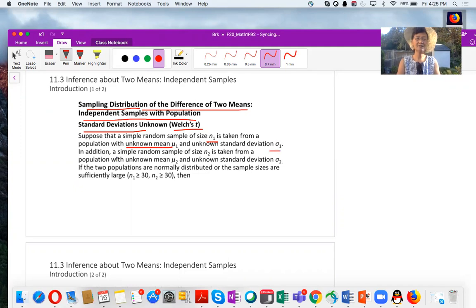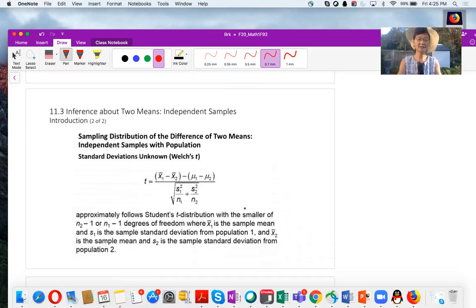In addition, a simple random sample of size N2 is taken from a population with unknown mean mu2 and unknown standard deviation sigma 2. If the two populations are normally distributed, or if the sample sizes are large, meaning greater than 30, then we have this rule.